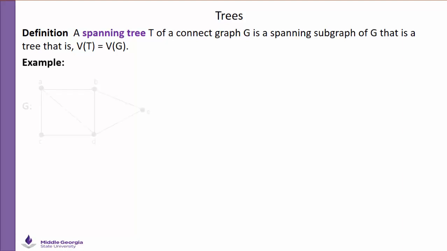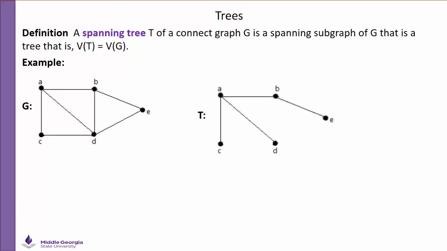For example, look at this graph G that has 5 vertices. This is not a tree because there are many cycles, such as A, C, D, A. But if we look at T, notice we have the same 5 vertices, A, B, C, D, E. This time there are no cycles.